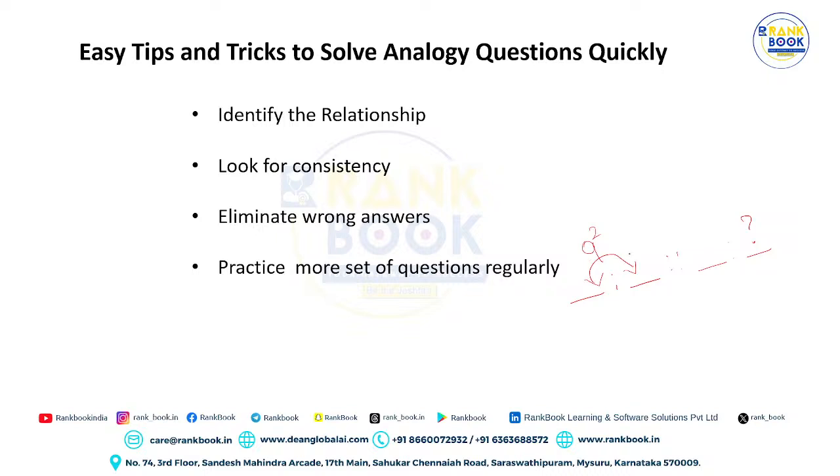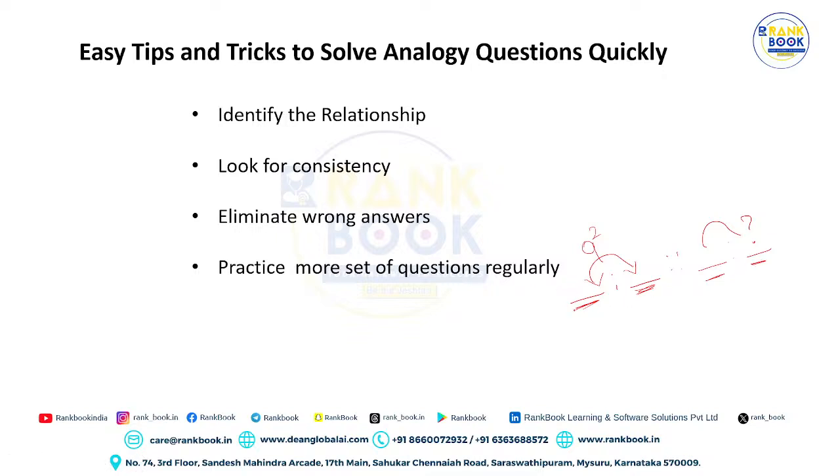Whatever relationship is given here, the same relationship will apply here also, right? Then look for consistency. Consistency means the consistent words or terminology or reasoning here will also appear in the answer, right? So eliminate the wrong answers.